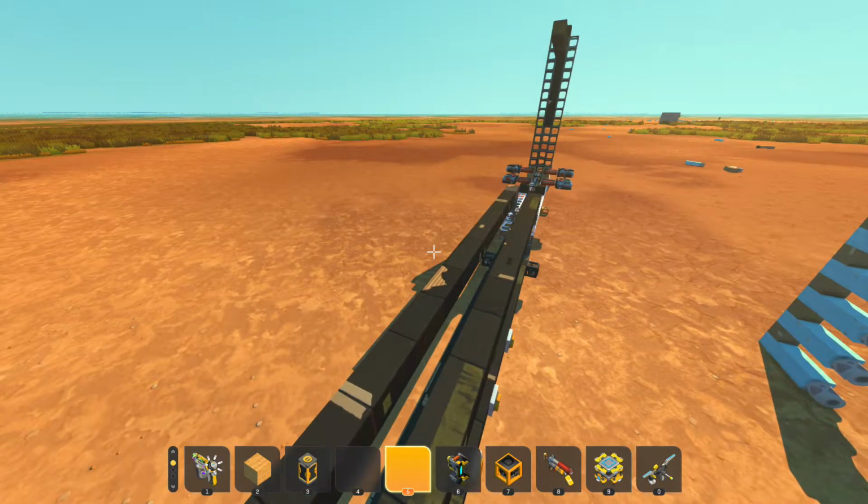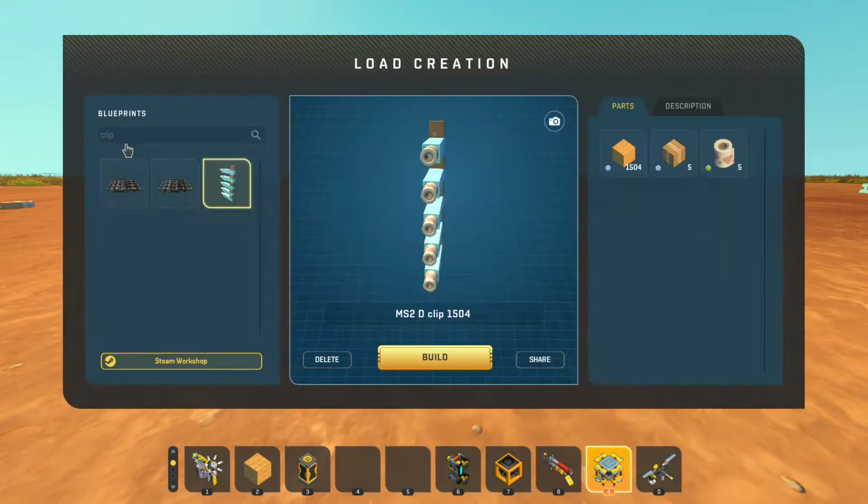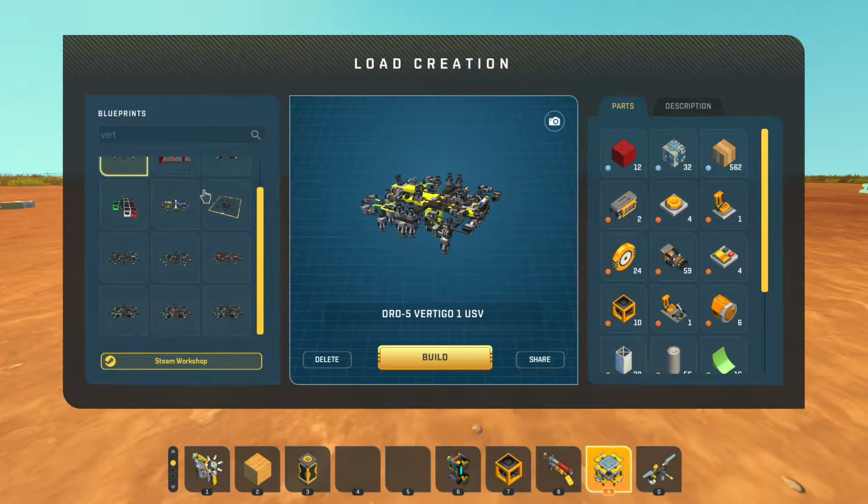Okay, I guess I should start with a bit of a thorn in my side, which is the thrust to weight ratio of the thruster.